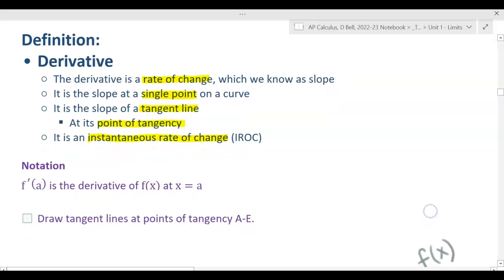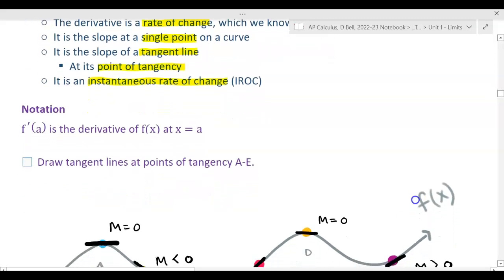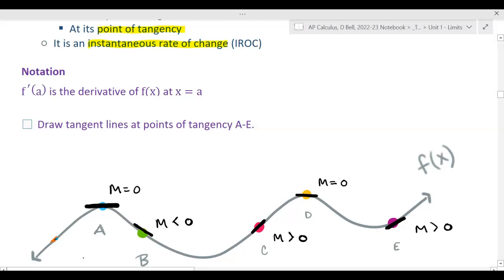So we simplify that by IROC for instantaneous rate of change. So some notation. This is read as f prime of a is the derivative of f of x at x equals a, or the slope at x equals a.